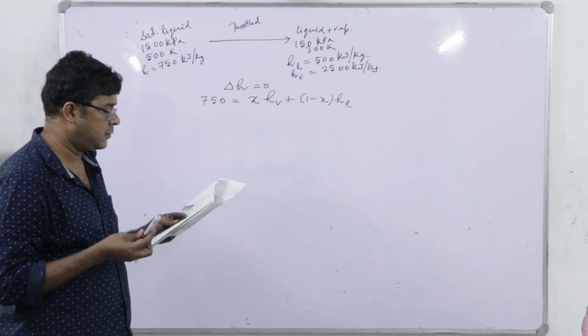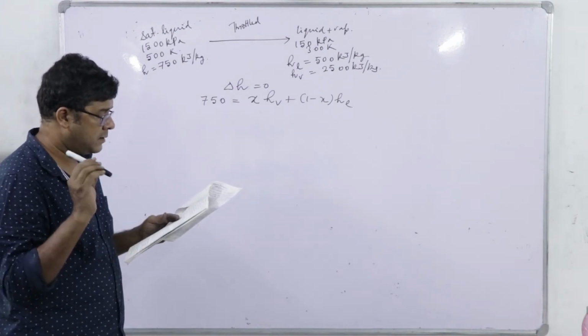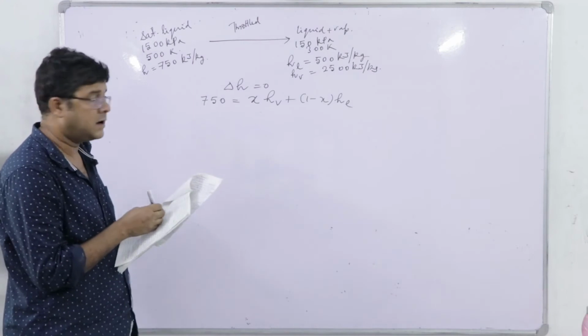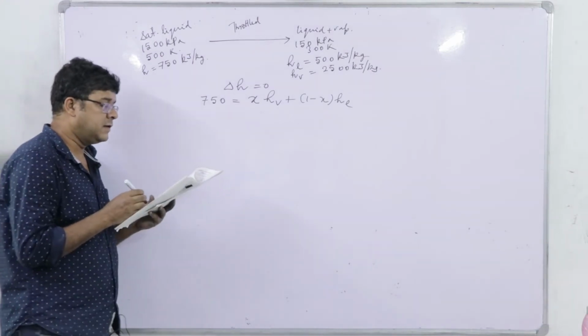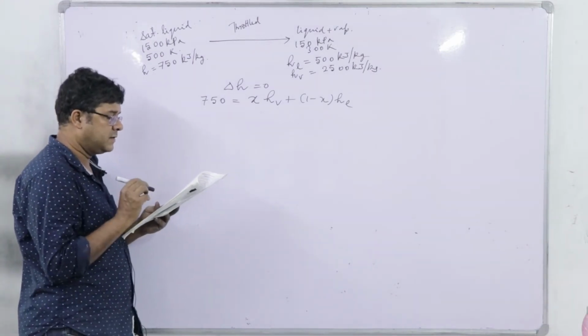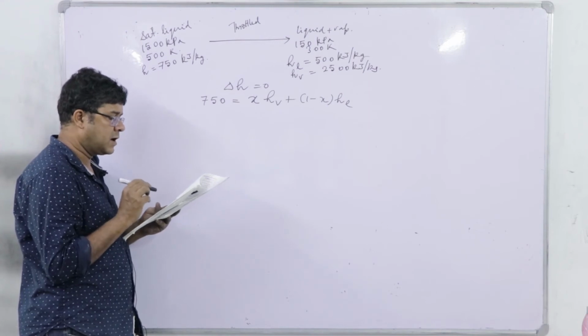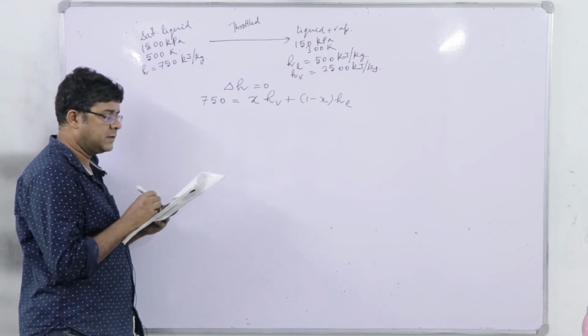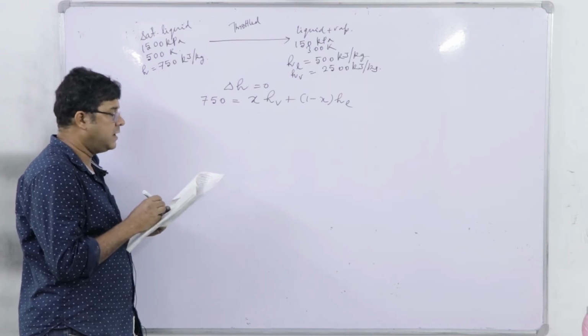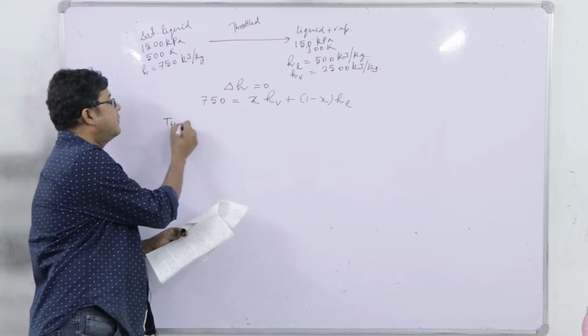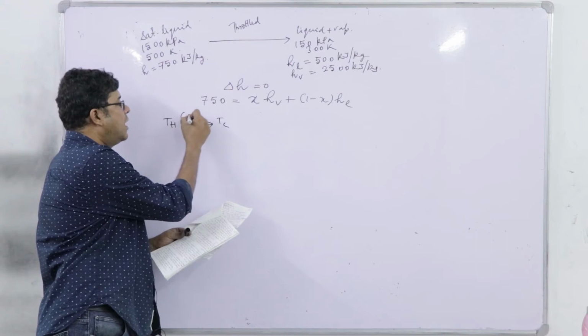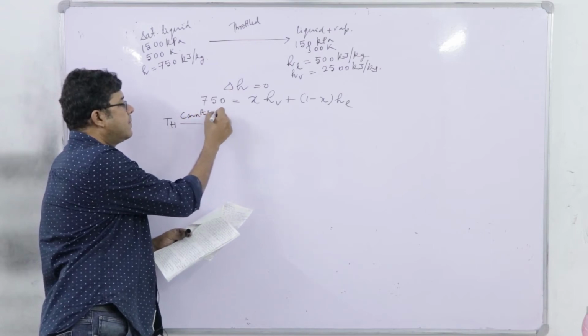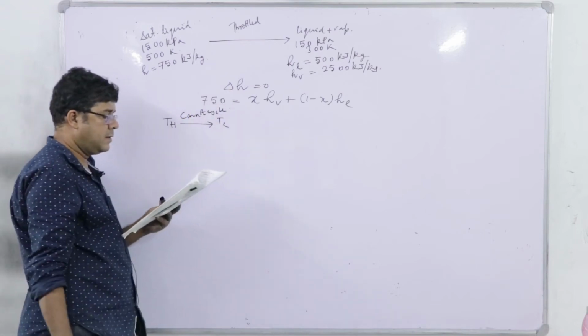Smith-Van Ness exercise problem, and it is conceptual, based on the Carnot cycle. The heat engine operating in outer space may be assumed equivalent to a Carnot engine operating between reservoirs at temperatures TH and TC. So, from TH to TC we have a Carnot cycle. Right.